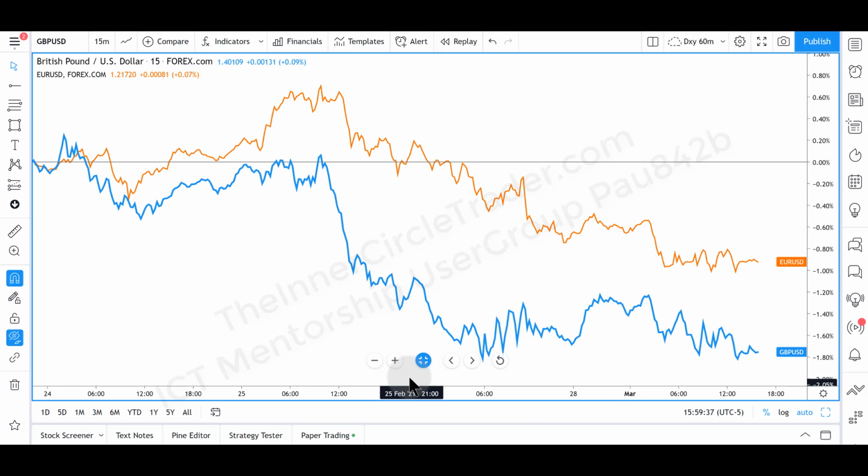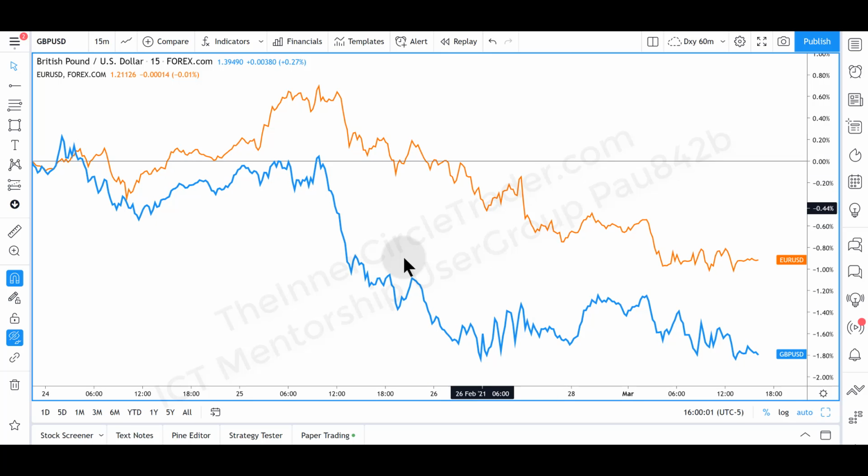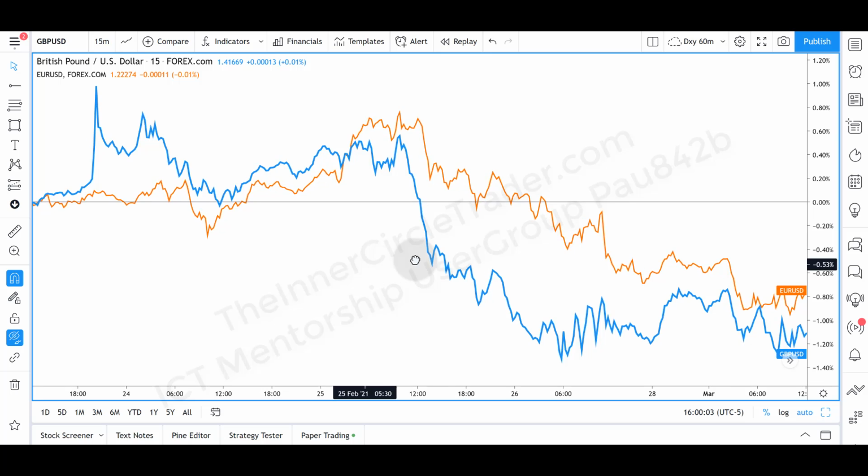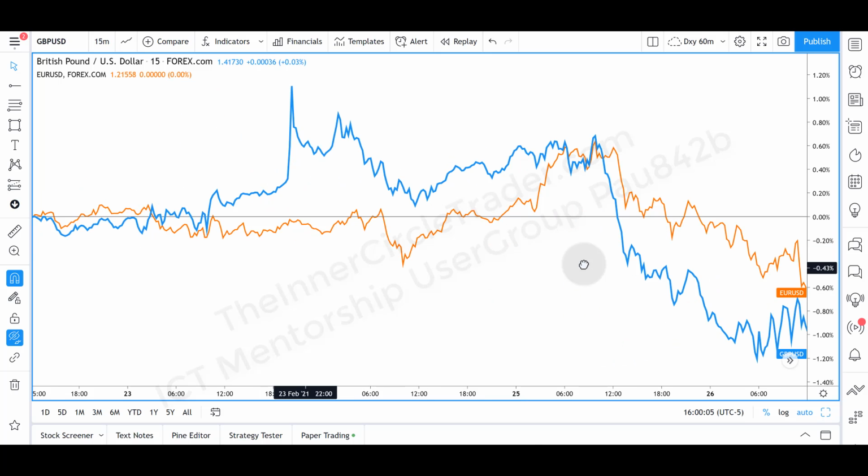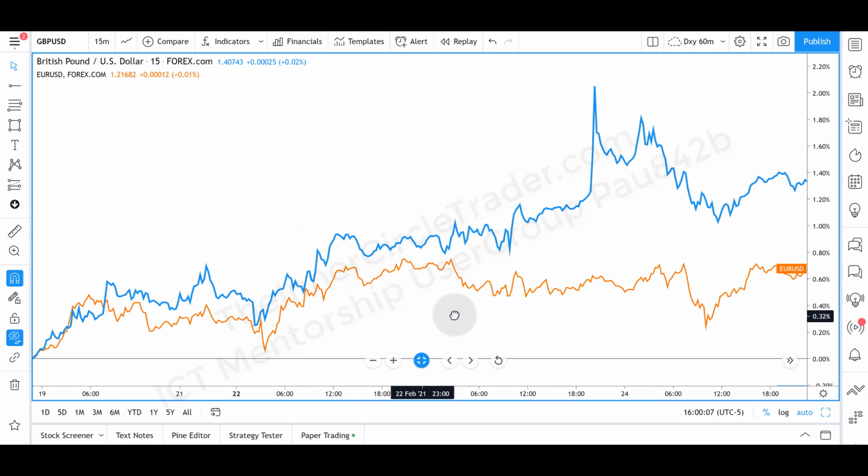All right, so what we're looking at here is lower, almost equal. Really see the difference in this one here. So this is a divergence to me, and this is a divergence. Higher, lower, and over here, looking at it from the buy side, see if we can find an opportunity where you can see a divergence between it.